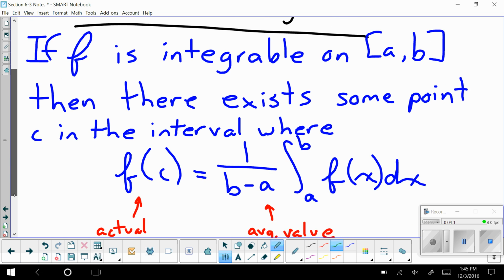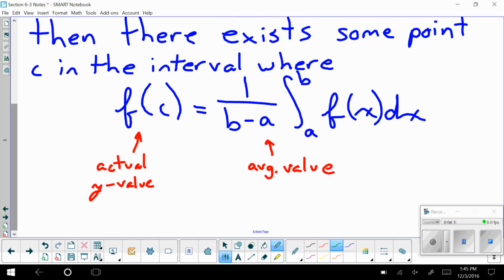So somewhere in that interval where f of c is equal to 1 over b minus a times the integral from a to b of that function. What it really is saying is that if a function is integrable on a closed domain, then somewhere in that interval, the function itself will equal the average value.